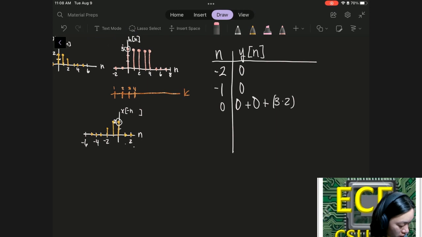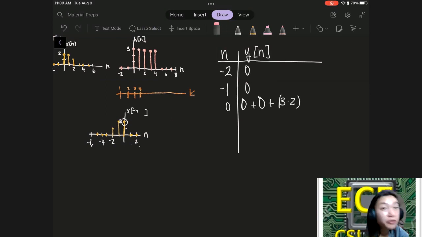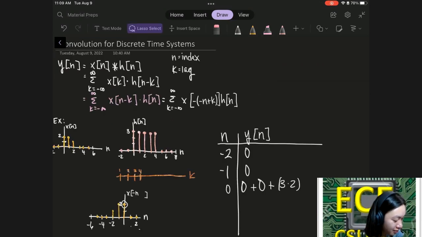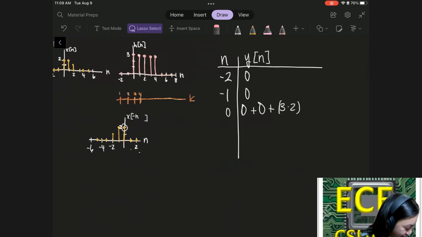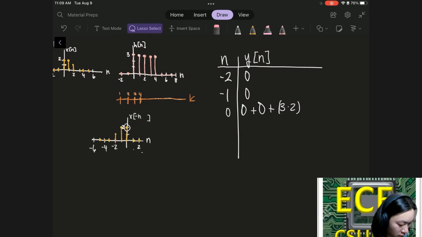Let me draw that out. I'll draw out the first couple because it also helps me keep track. So this one is overlapping with that one.